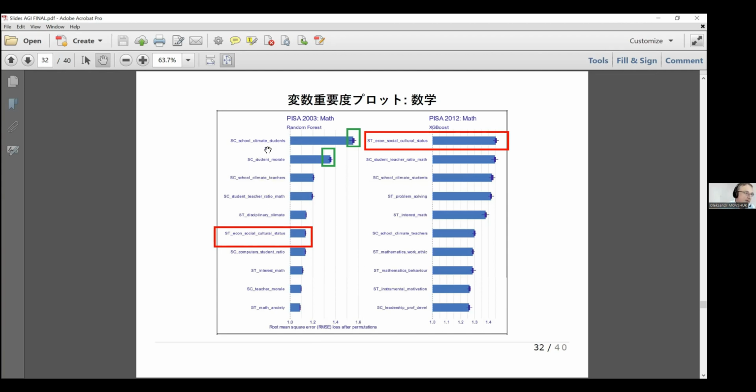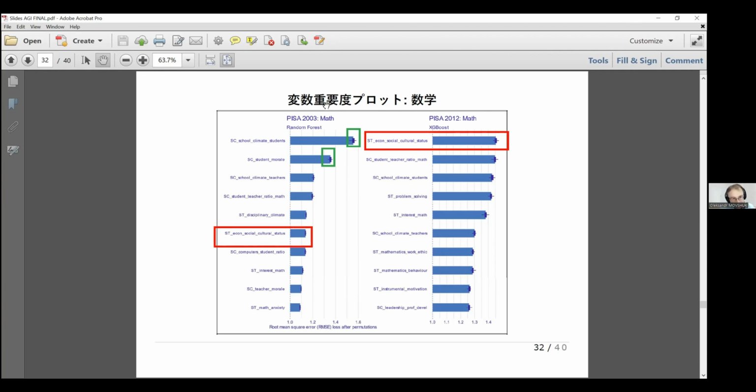Then CS means school level variable as evaluated by principal, and this is the student morale. And so if you go down, then the variable at the seventh place is actually the variable which I'm interested in, the socioeconomic status.